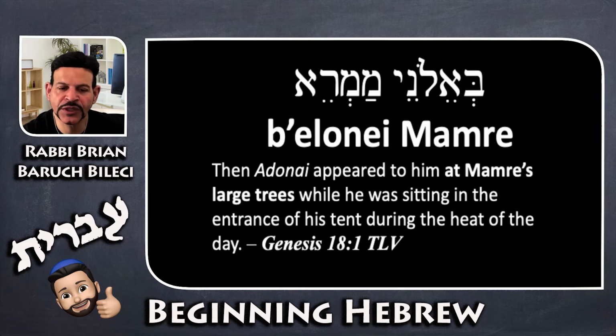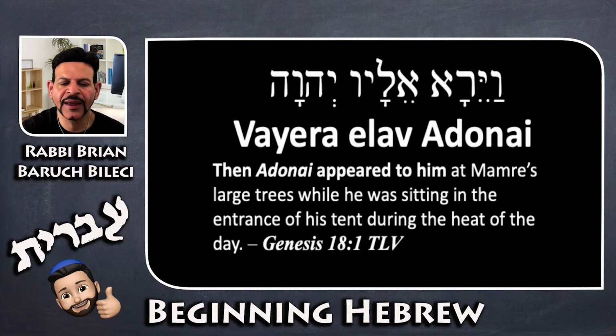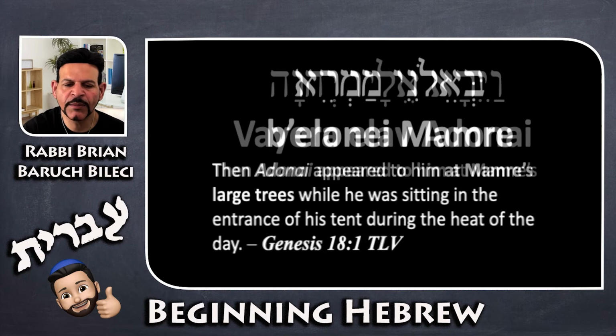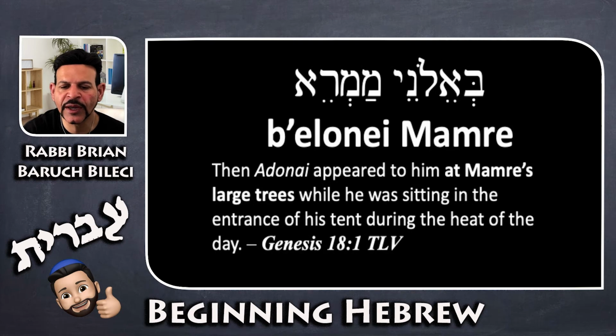Mamre is a person. So the trees were named after him because he probably owned that territory and blessed Abraham in covenant with this ability to have this land. So we see here that Adonai appeared to him at Mamre's large trees, but really Belone Mamre, in the oak trees of Mamre, is literally how it's translated. So we have Vayera elav Adonai Belone Mamre.